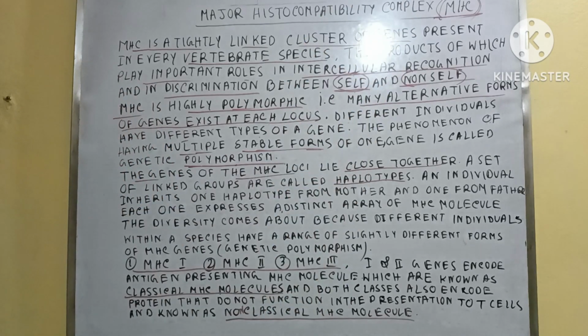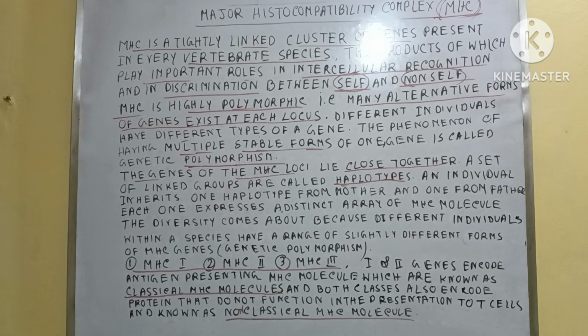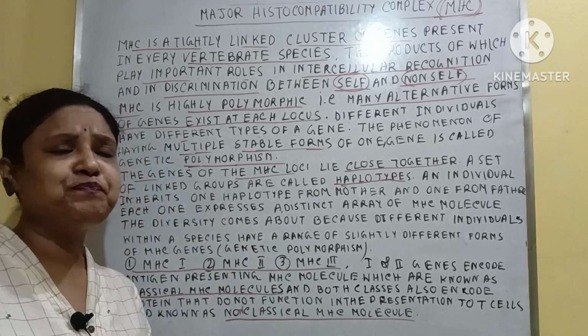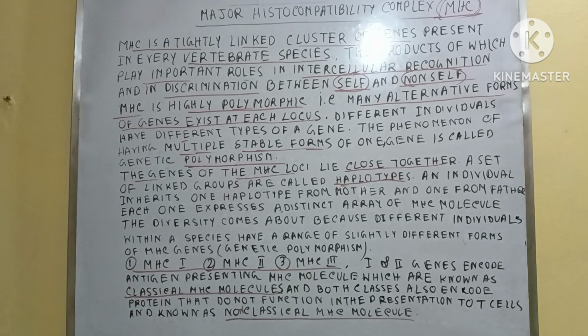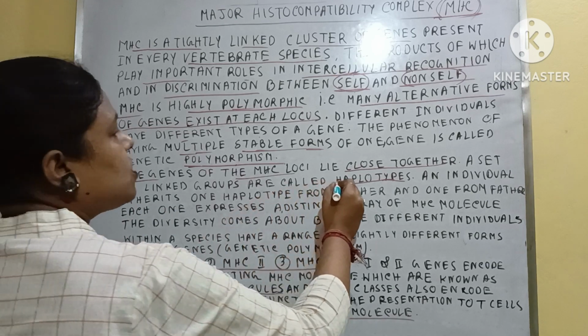A set of genes present in an individual is the MHC complex, or you can say haplotype. When a young one is born, it has one haplotype from the father and another haplotype from the mother. Clear? So this is called the haplotype.